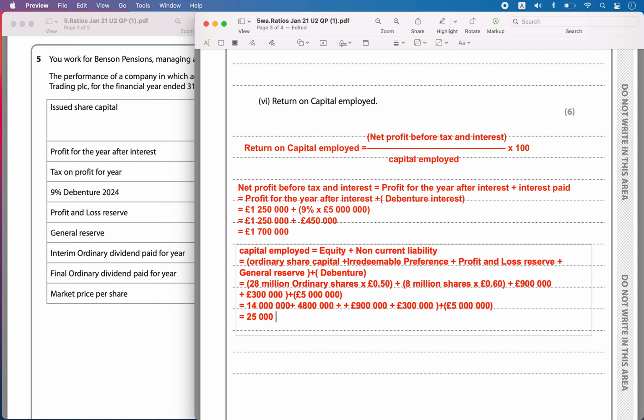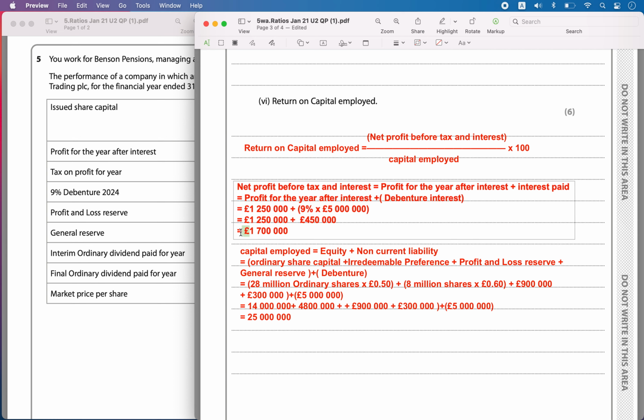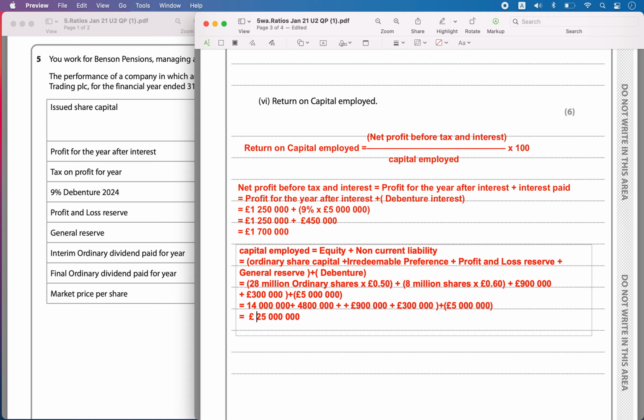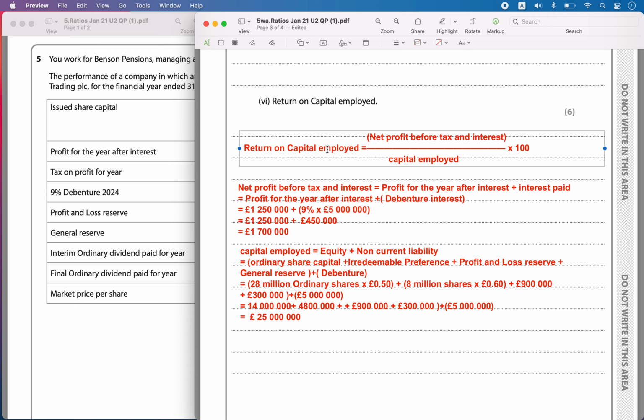So that is equal to 25 million pounds was the capital employed.